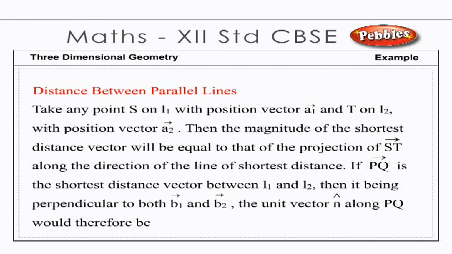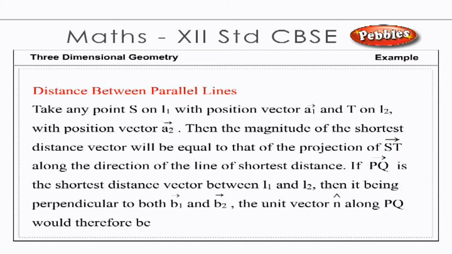Distance between skew lines, vector form. Take any point S on L1 with position vector a1 vector and T on L2 with position vector a2 vector. Then the magnitude of the shortest distance vector will be equal to that of the projection of ST along the direction of the line of the shortest distance.